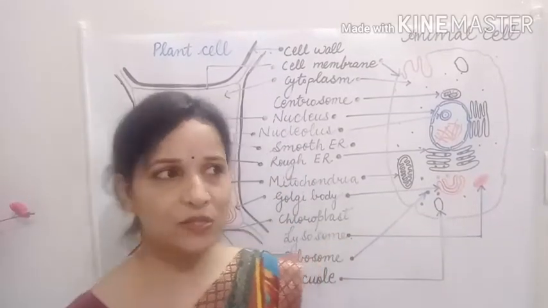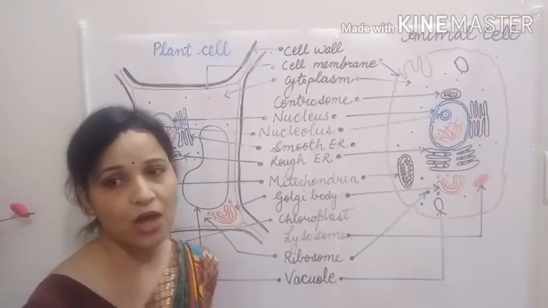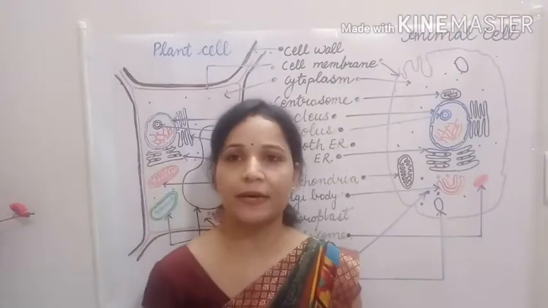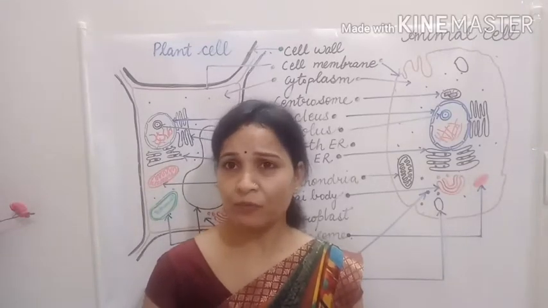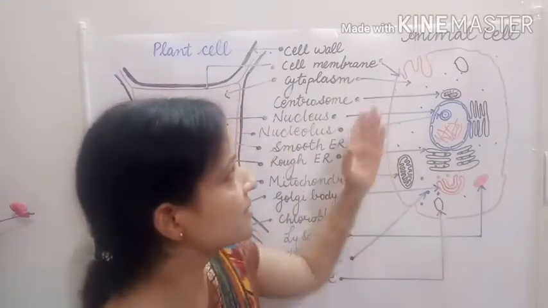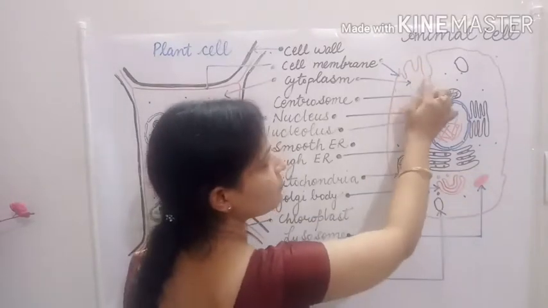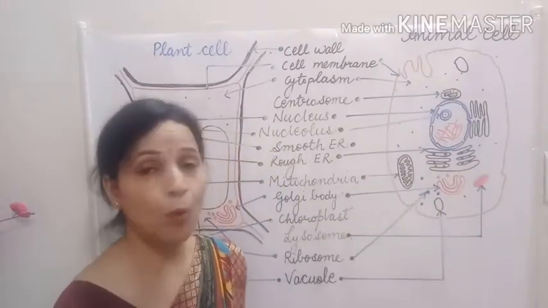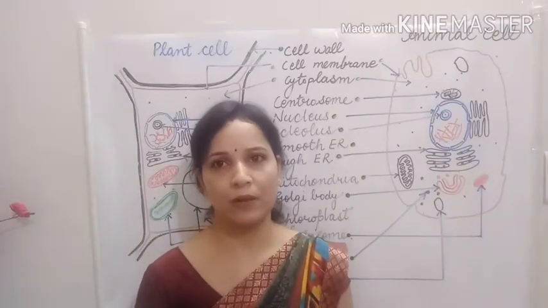The cell membrane also gives shape to a cell, and it also protects its internal components. One more fact associated with the cell membrane: as you can see on the board, the cell membrane has pores. It is porous in nature and it is selectively permeable.